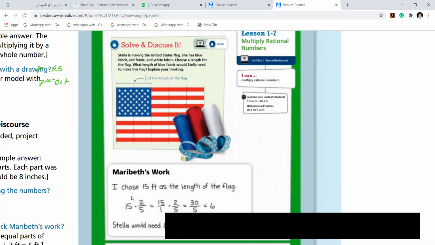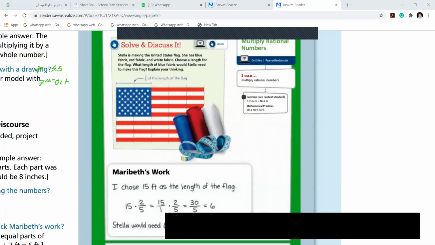So imagine I take 15 feet. Don't get confused about where this 15 comes from. If I choose 15 feet, this is my imagination.